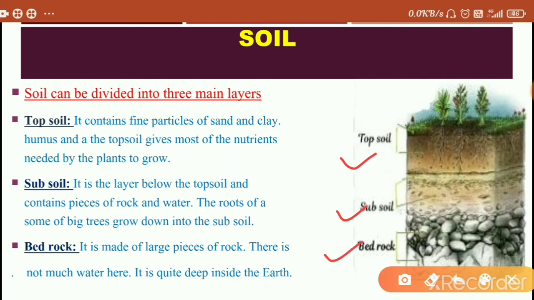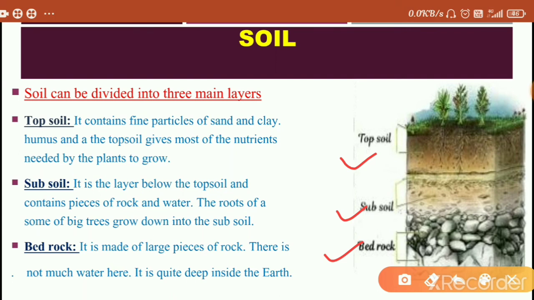And what do you mean by topsoil? Topsoil is the uppermost layer of the soil. It contains fine particles of sand, clay and humus. The topsoil gives most of the nutrients needed by the plants to grow. As we discussed earlier, humus is present in the topsoil.